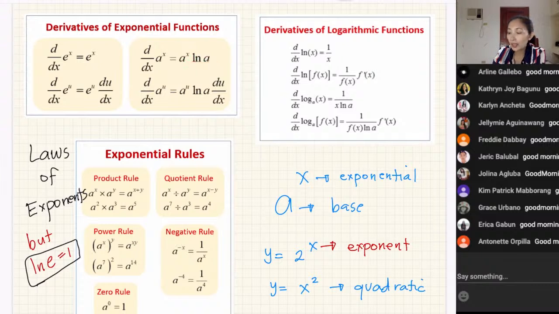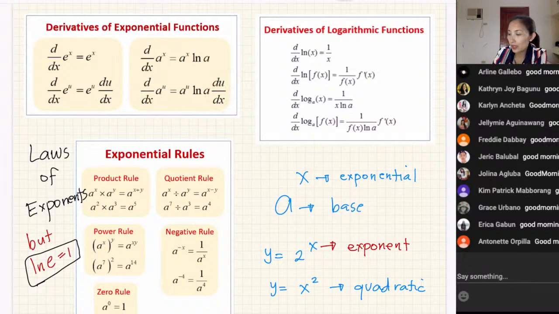Now, if the exponent is no longer x, but a function in x, let it be represented by u, then the derivative of a to the u with respect to x is a to the u times the natural logarithm of a times du by your chain rule.